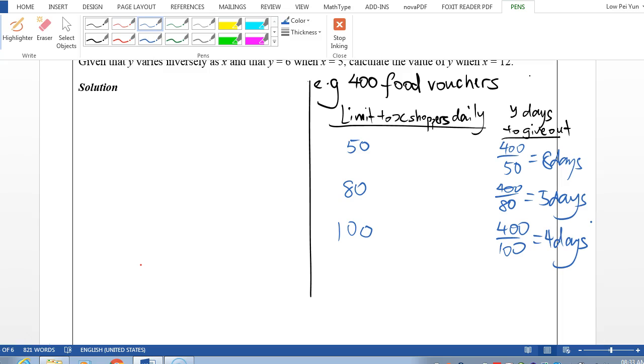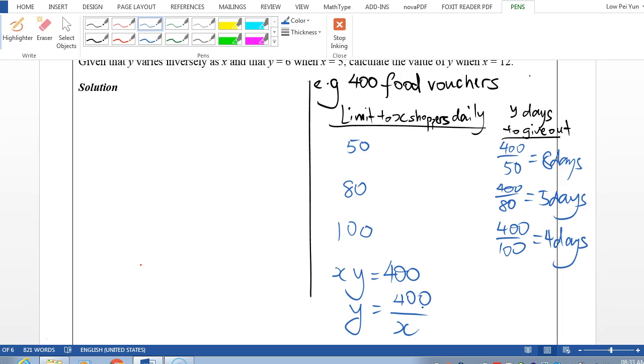So what do we have here? If I take X times Y, it will give me a total of 400 vouchers. And similarly, like the other example I shared with you, Y is equals to 400 over X. So what have we established?